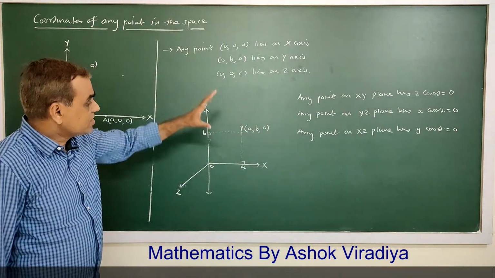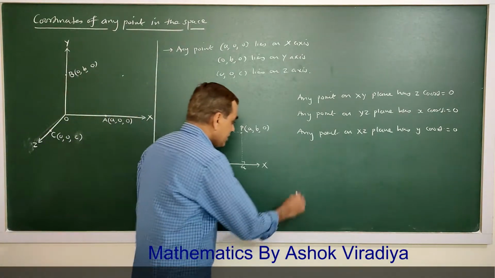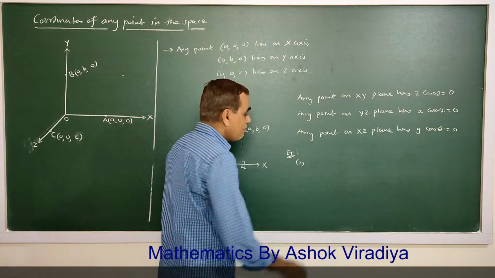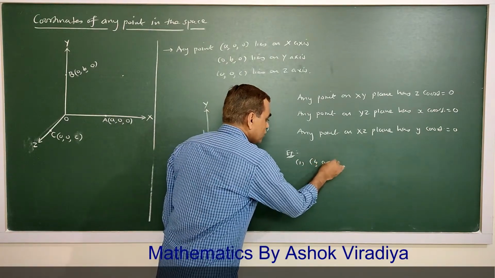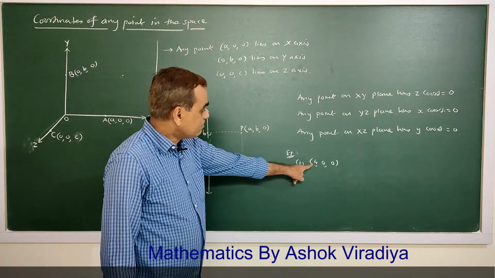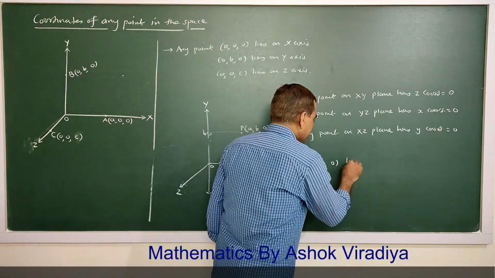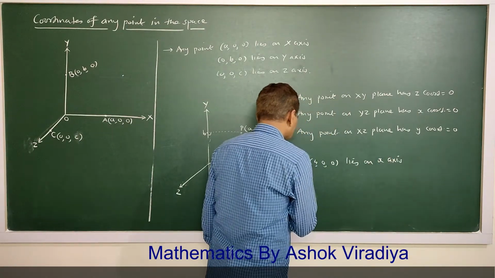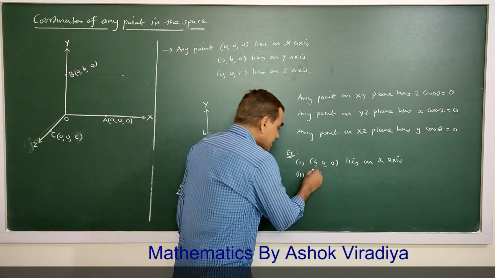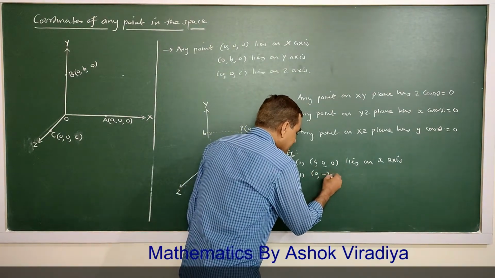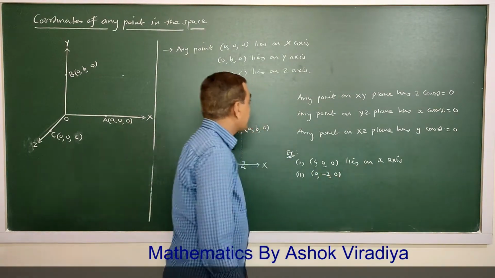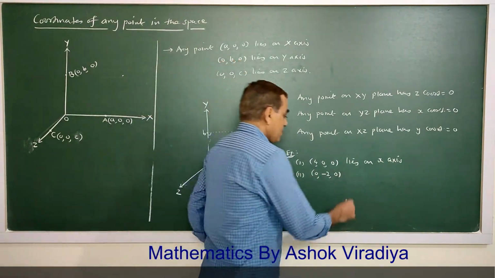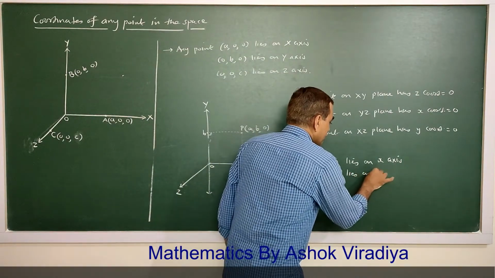So to understand these statements, see, I am giving a few examples. Point (4, 0, 0): this point lies on the x-axis. If I take x coordinate 0, y coordinate -2, z coordinate 0, if x and z coordinates are both 0, then this point lies on the y-axis.